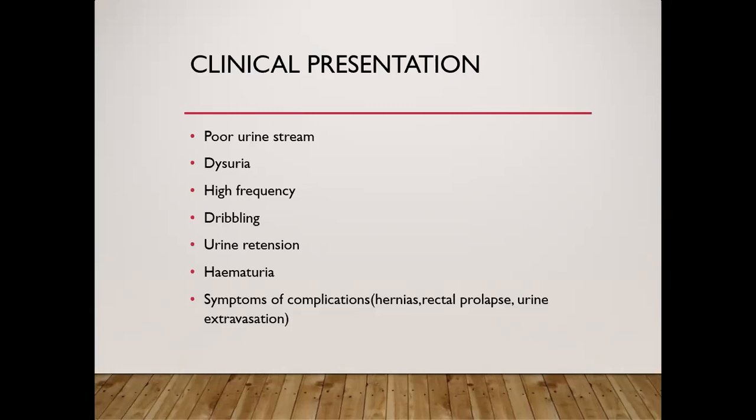We know that hernias are caused by straining, so when they strain to pass urine, they can usually have hernias, rectal prolapse, and urine extravasation. And urine extravasation is like the last complication, the bad complications of urethral stricture when someone has not got treatment.